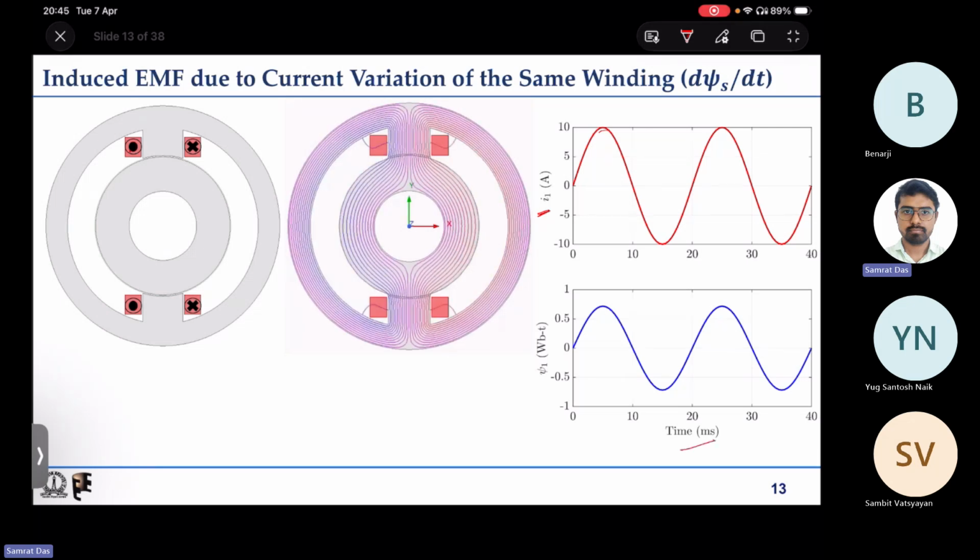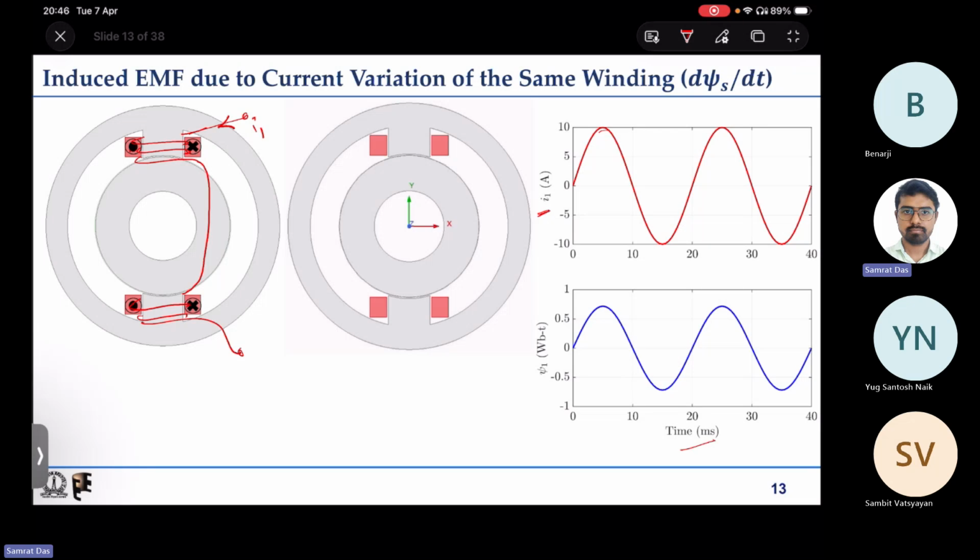So we have some winding here, and similarly some winding here, so you have two terminals. This is the winding we are talking about. There is some current I1 injected into it, and that I1 varies with time, a sinusoidally varying current.